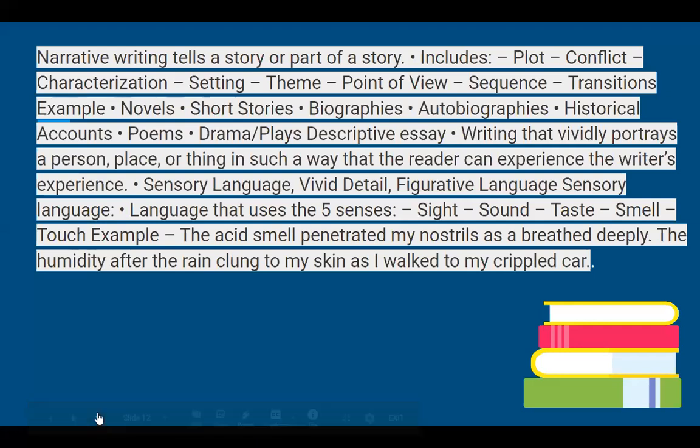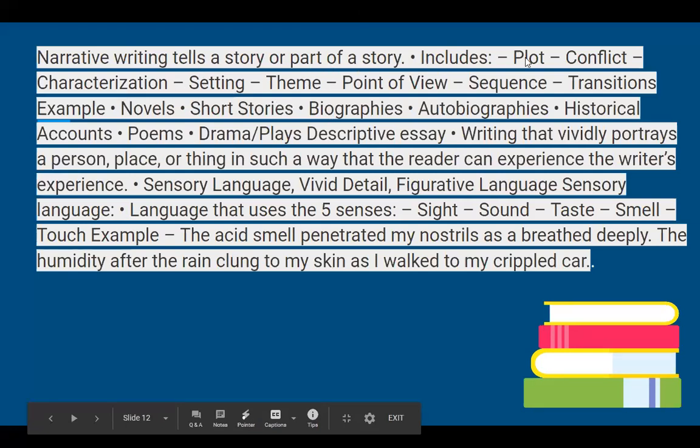Now, descriptive essays are relatively easier than narrative writing. Why? Because what I feel is that narrative writing tells a story, and it comprises a whole host of write-ups, writing tasks, and genres. For example, I already told you that it could be biography, drama, poetry, short stories, and all of these. So obviously, narrative writing tells a story or part of a story.